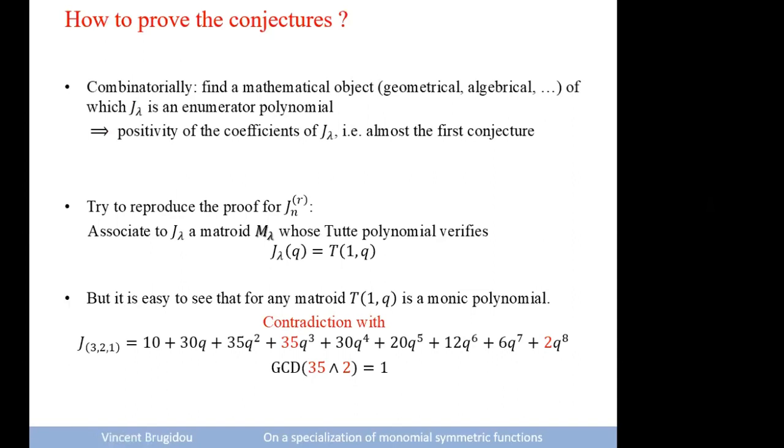This consists of associating to J lambda the matroid whose polynomial verifies this equation. But for any matroid, this polynomial is monic, in contradiction with this G lambda, which cannot be reduced to a monic polynomial since its coefficients are coprime.